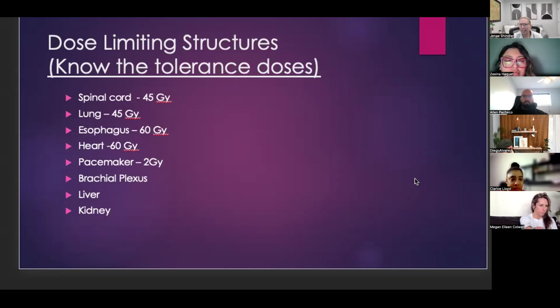Pacemakers can be dependent or independent, so that's where we start. That basically means, are they going to defibrillate somebody if their heart stops, or are they tracking? That is a question asked in the survey.